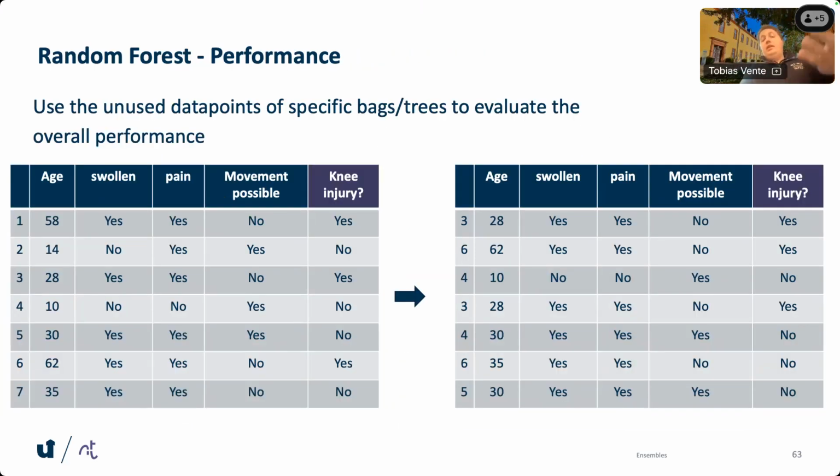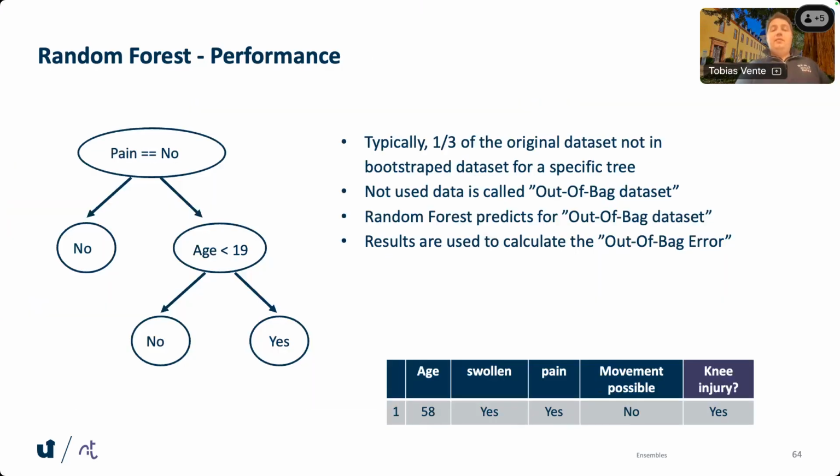So in the end here, you can use your validation splits to evaluate the performance. And here again, it's written: typically one third of the original data set is not in the bootstrapped or bagged data set for a specific tree. The unused data is called the out of bag data set because it's not in the bag.